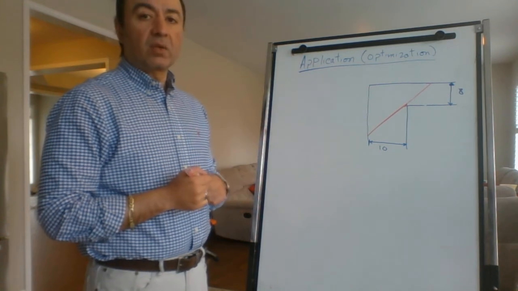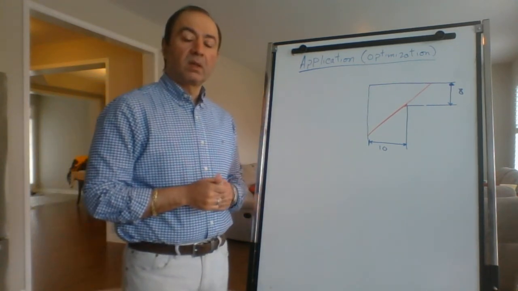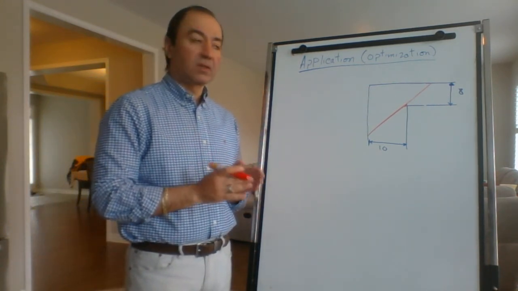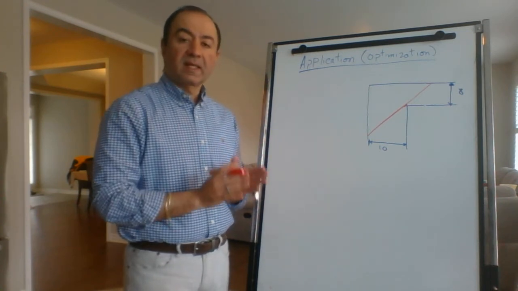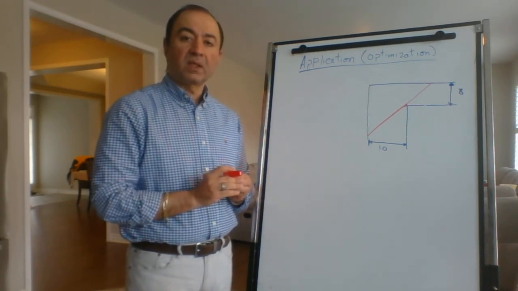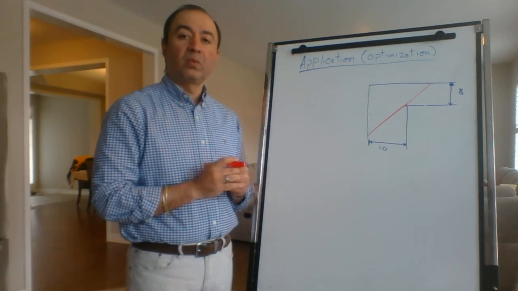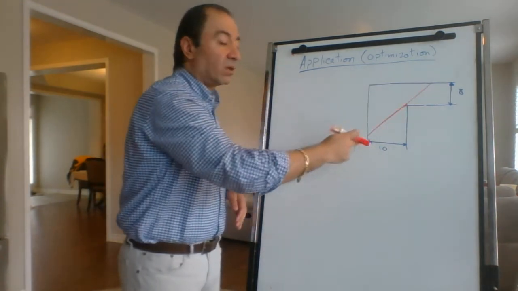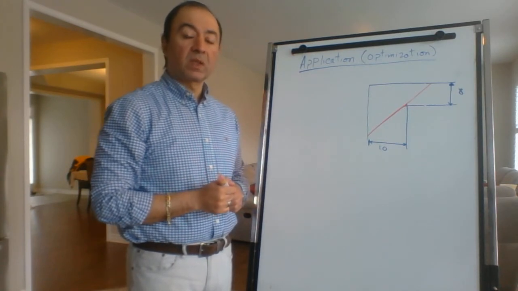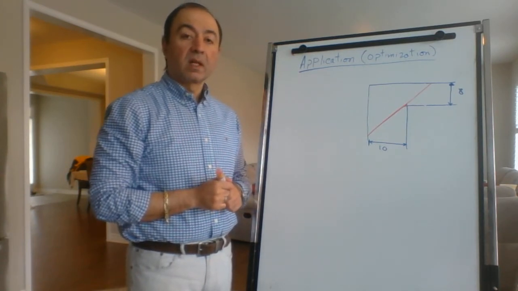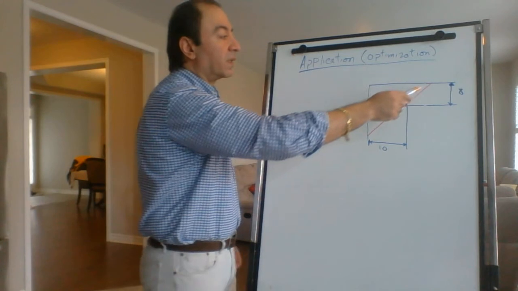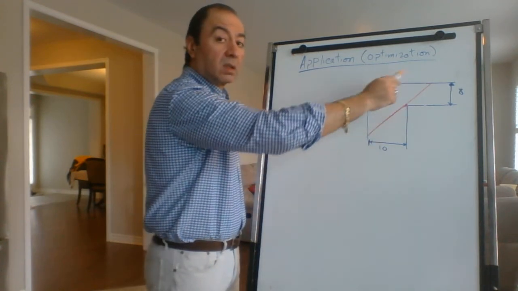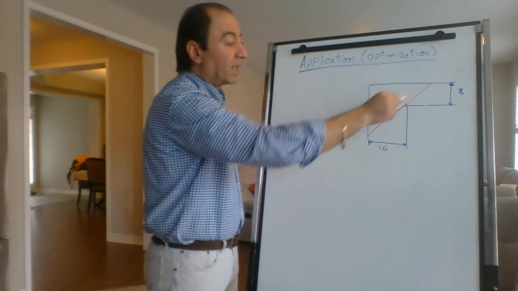In an optimization question, if you remember what we used to do, the first thing is we draw a picture. The second thing, we need to determine what needs to be optimized, what we want to make maximum or minimum. Here it is the length of this pipe, so that's what we want to maximize. Then we try to find an equation for the length of this pipe.